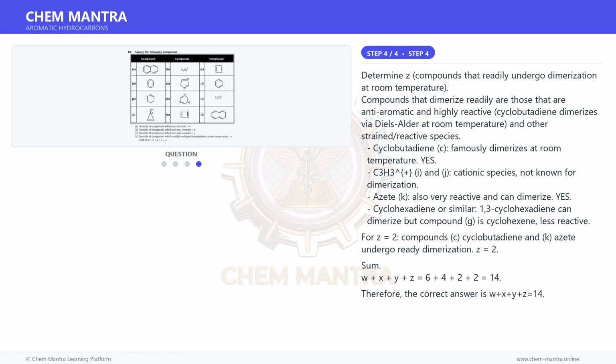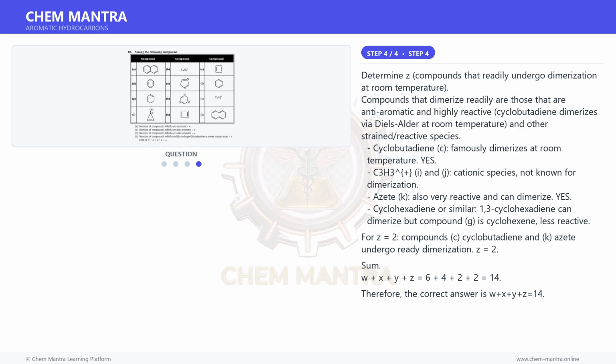Azete, K, is also very reactive and can dimerize. Yes. Cyclohexadiene or similar, 1,3-cyclohexadiene can dimerize, but compound G is cyclohexene, less reactive. So Z equals 2 compounds: C, cyclobutadiene, and K, azete, undergo ready dimerization. Z equals 2.